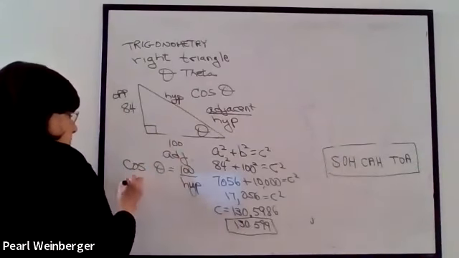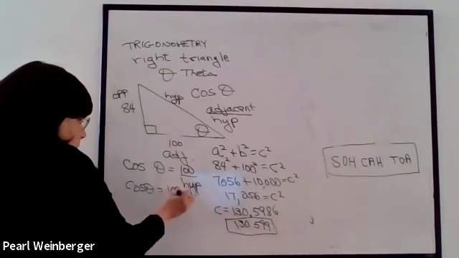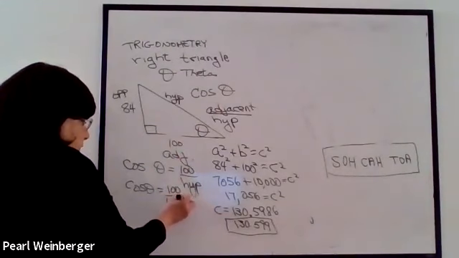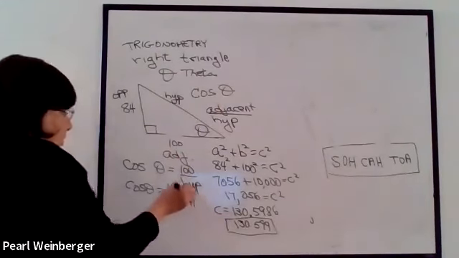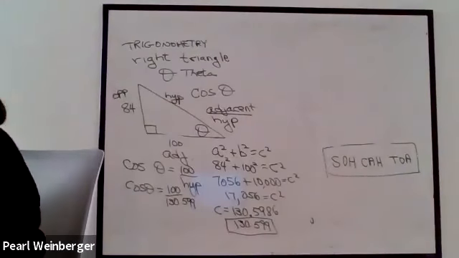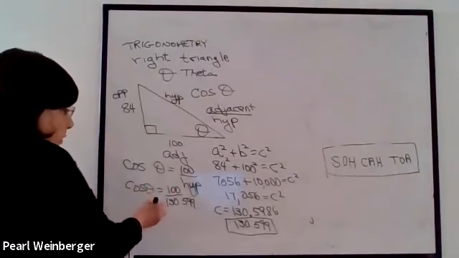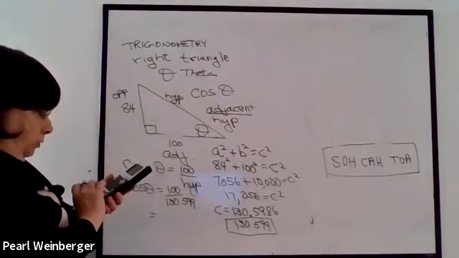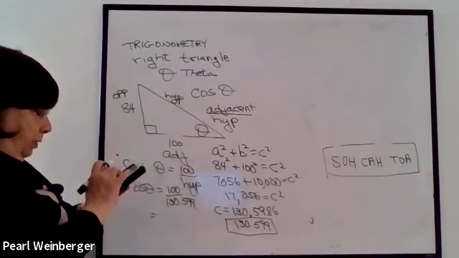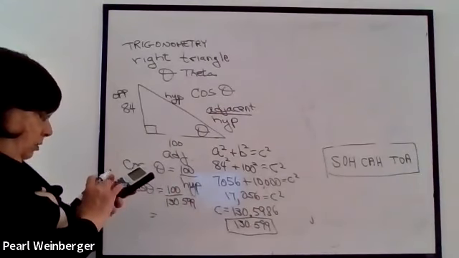So the cosine of theta is then going to be 100 over 130.599. And they wanted my final answer. Let me just read what they asked for. They want the answer to 3 decimal places. So I'm going to do 100 divided by 130.599.